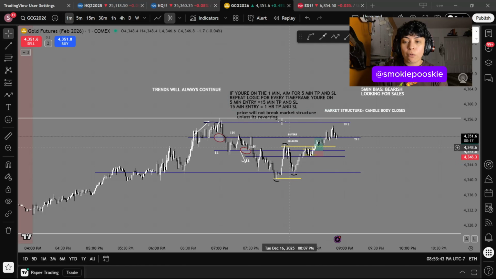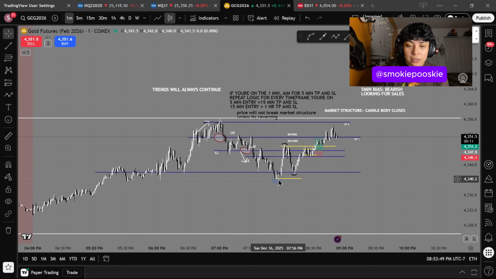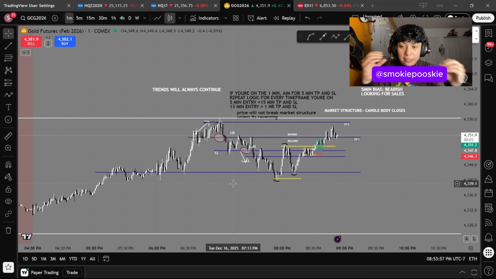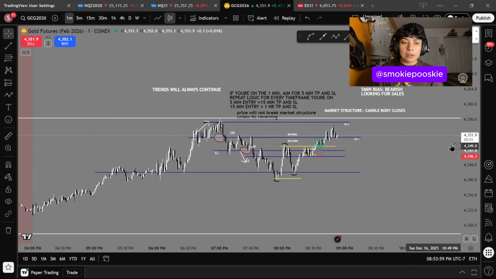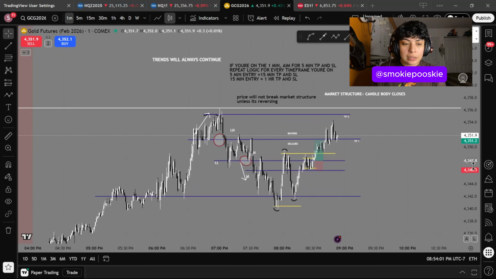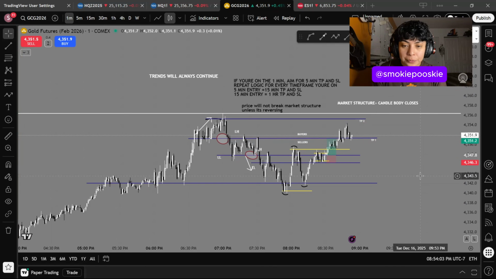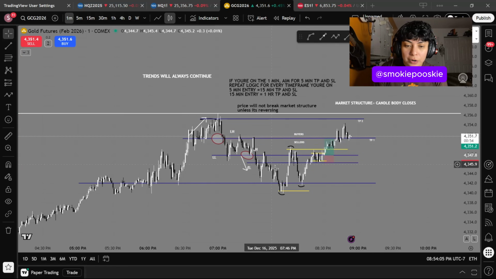This is why it formed that way. It went all the way up to here, and it closed all the way down here, right? So this is basically what the wick is made out of. And we're just dissecting it with a microscope, right? Anyway, price rejected that 4 hour level.